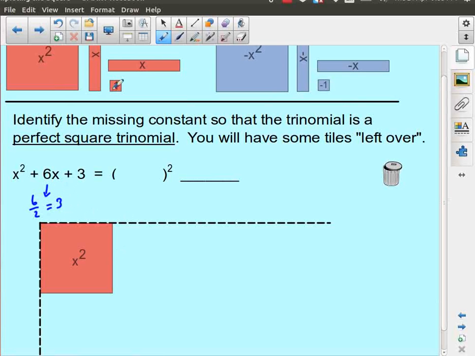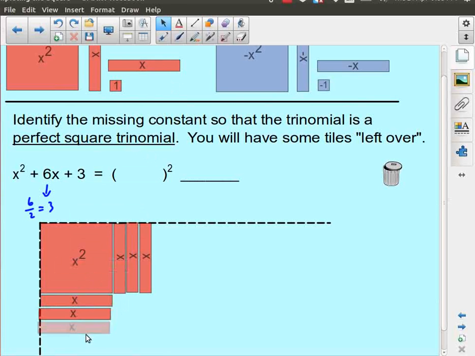So I know I need 3 of these on each side. 1, 2, 3. And 1, 2, 3. Now I already have 3 provided, but that's all I'm allowed to use. That's it. This is what I have available.